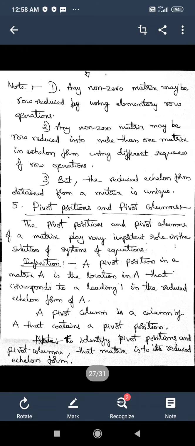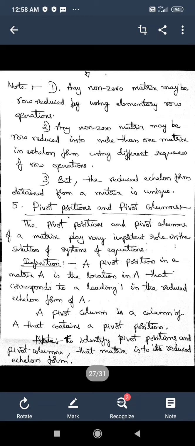There are 3 note points to be remembered regarding row reduced echelon form. The first note point says that any non-zero matrix may be row reduced by using elementary row operations.